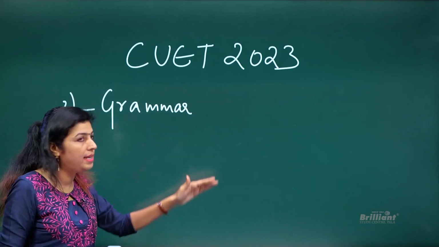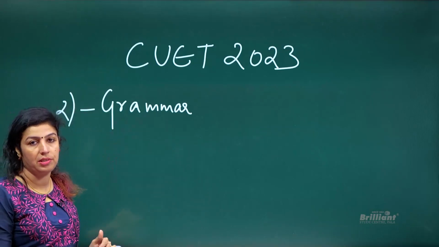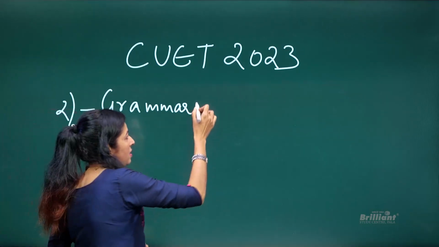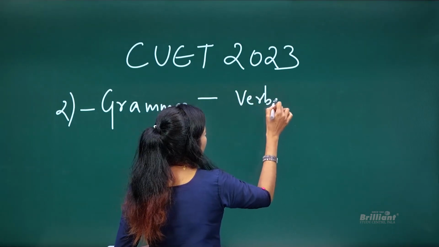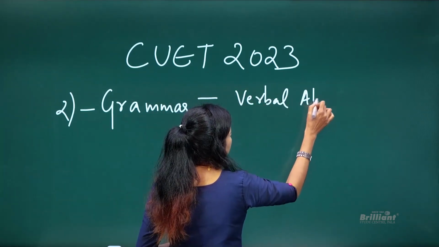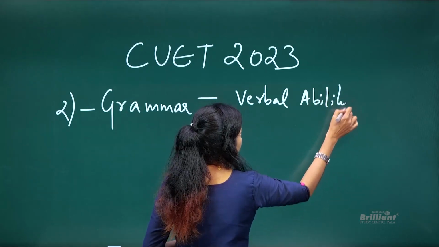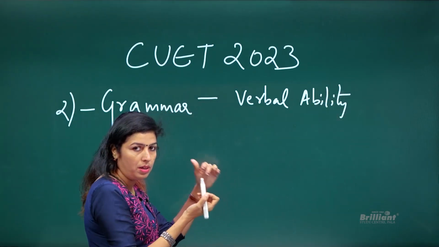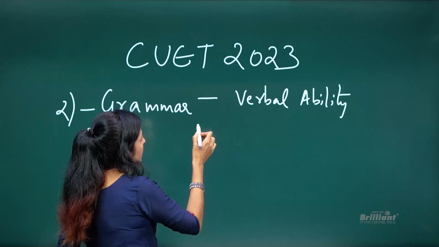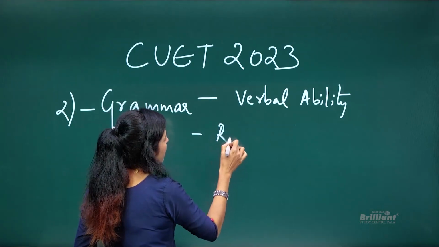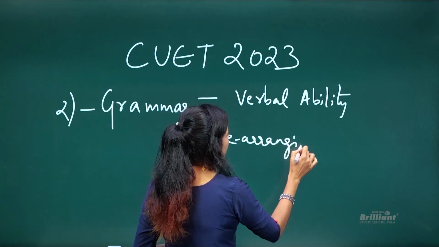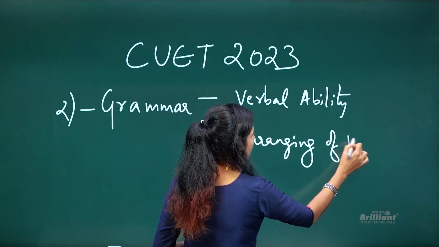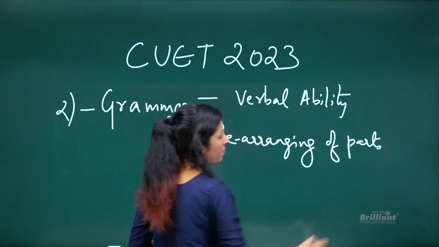And in grammar itself, we have subdivisions. Subdivisions in the sense we have verbal ability based questions. Okay, I'll tell you what verbal ability type of questions are. And then we have rearranging of parts of sentences.